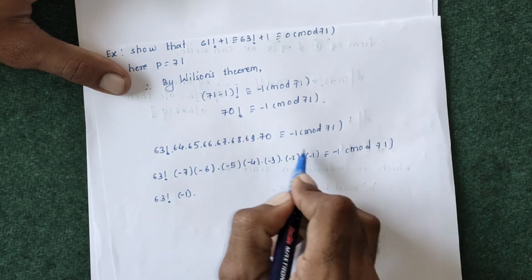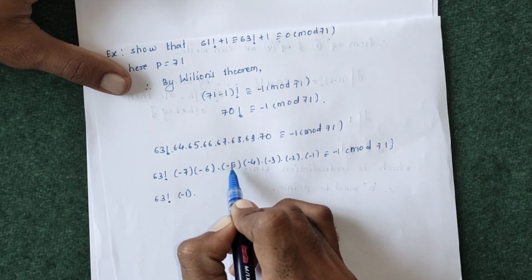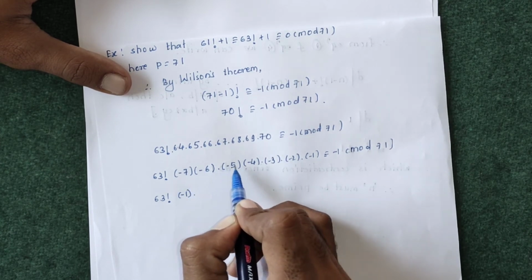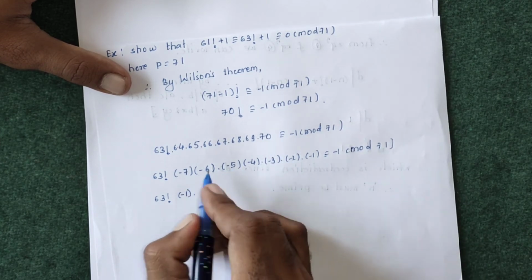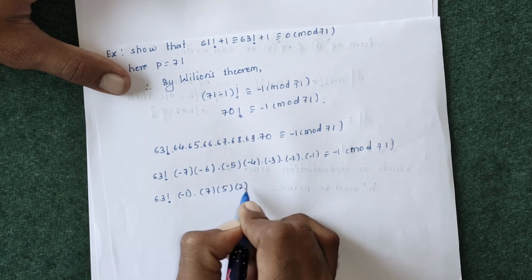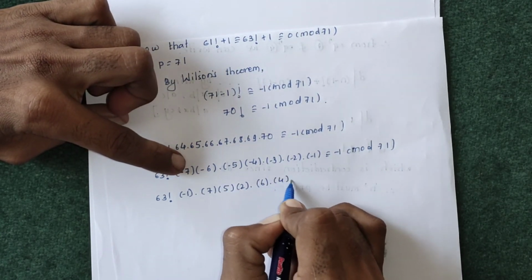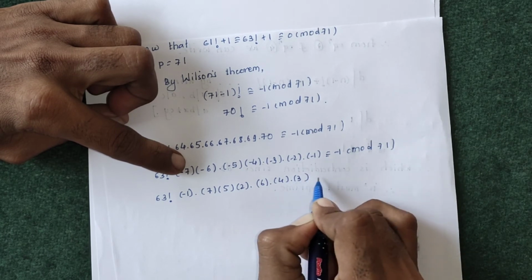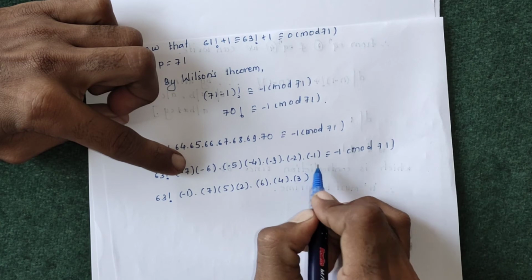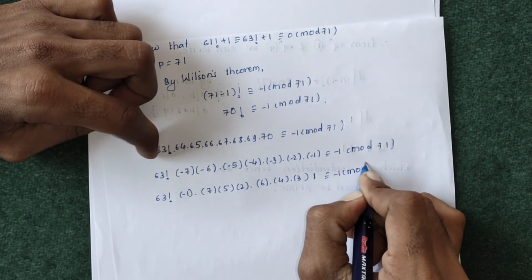So instead of multiplying all these numbers, I can multiply 7 into 5, 7 into 5 is 35, 35 twos are 70. So writing 7 into 5 into 2, and the remaining terms 6 into 4 into 3, with the minus sign taken common, which is congruent to minus 1 modulo 71.